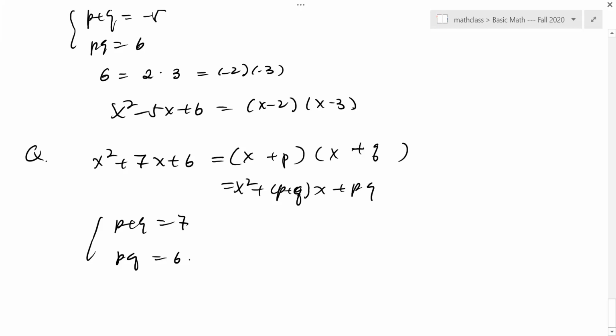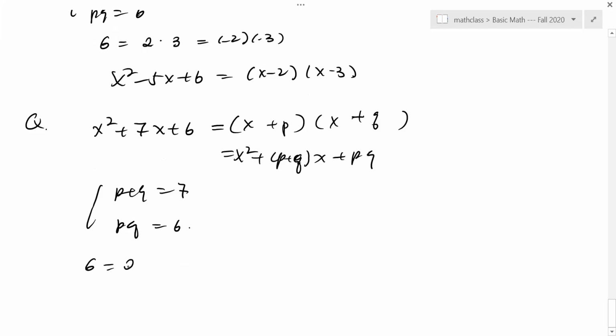Can you figure it out? What are P and Q? Well, 6 can be 2 times 3. 6 can be negative 2 times negative 3. What are the other choices? 6 can be 1 times 6, could be negative 1 times negative 6.